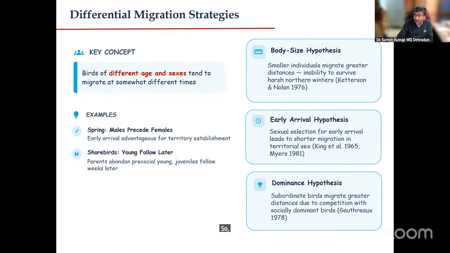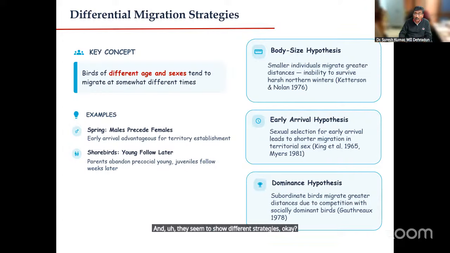So there are different migration strategies within a particular species that have been observed. This may differ either in terms of the age of that particular individual or the sex, and they seem to show different strategies.